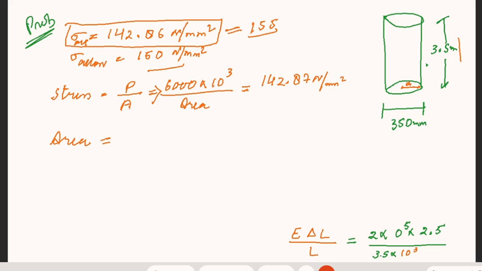Give me the value of area quickly. How much is the area?